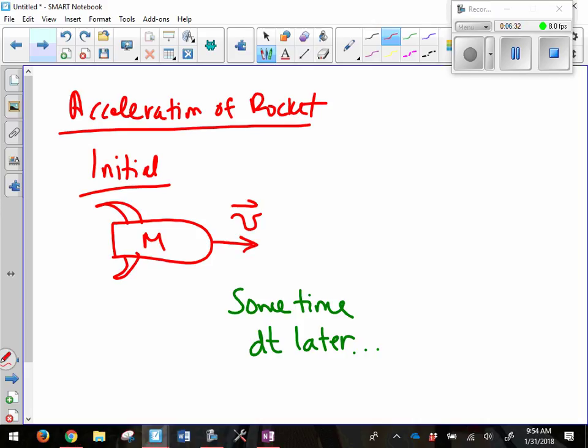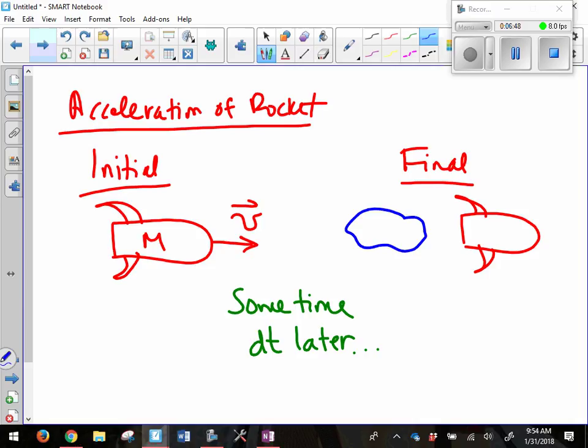Okay? So sometime later, I have my final state. And in my final state, I've got my rocket, and I have exhaust. Now, the mass of my exhaust is going to be equal to the mass that my rocket lost, right?